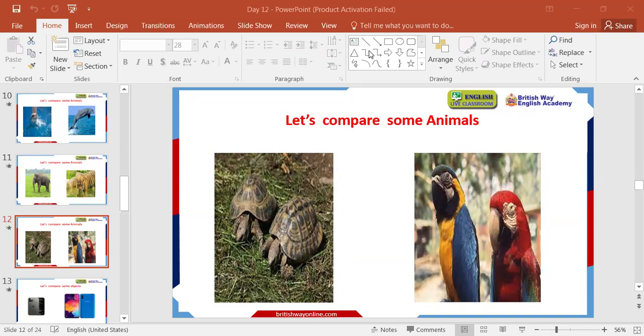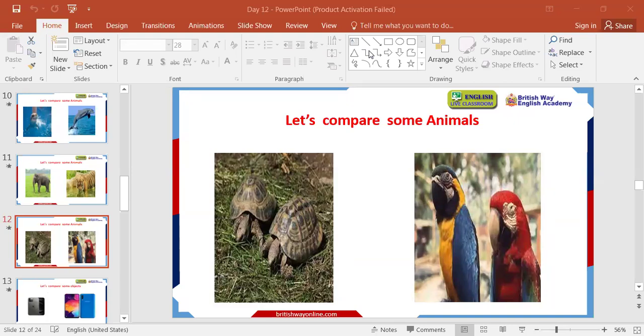No, I want animals. The rabbit is more innocent than dog. Giraffe's neck is longer than human neck. The dinosaurs are more dangerous than tiger. The cheetah is faster than tigers.